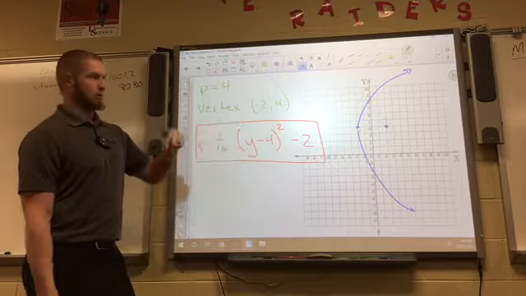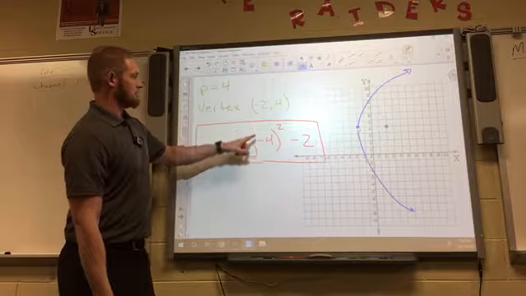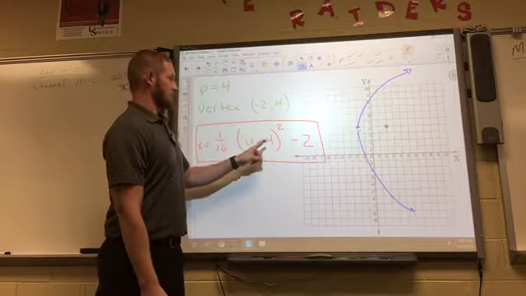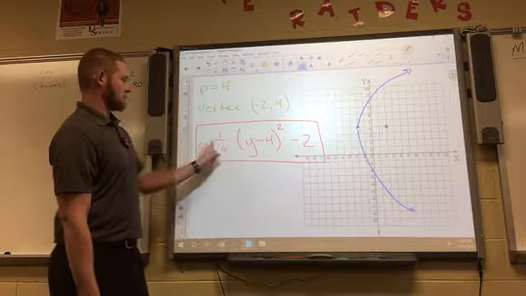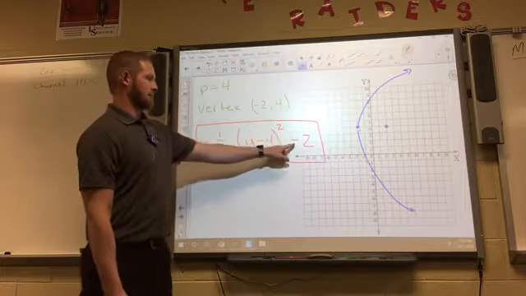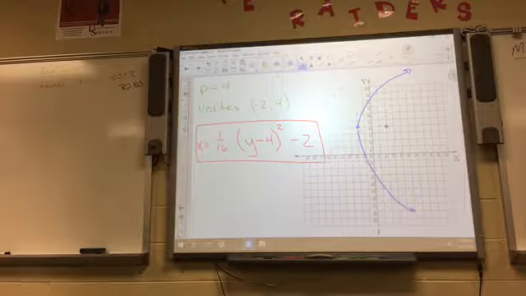You just use what we did yesterday. If the vertex is not at the origin, you need to make sure you use the right information, and you got to do minus, in this case, since it was x equals, it's minus k plus h. If it was y equals, it would have been minus h plus k. Just keep that sheet handy, and all you got to do is plug things in.